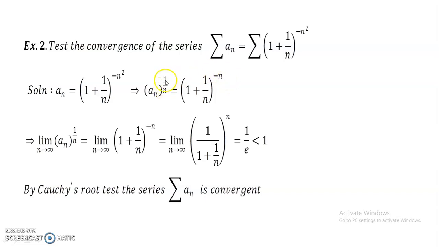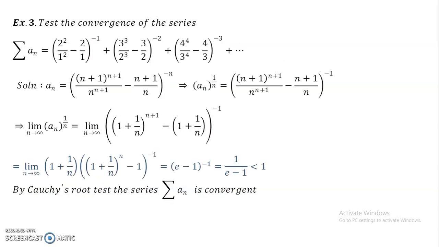Then you can take the limit as n approaches infinity of a_n power 1 by n, and the limit of 1 plus 1 by n power minus n. So then it becomes 1 by e, that is also less than 1. Therefore by the Cauchy root test this given series a_n is also convergent.